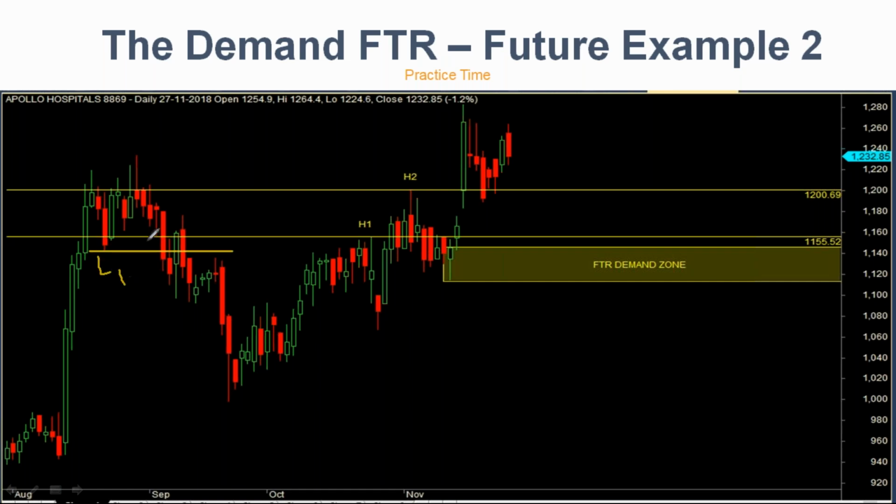This is L1. Price broke down, formed a high. This was the L2. Okay, but it didn't engulf here. So we'll take this one only as the engulf. So this whole thing is the zone actually. This is the zone. So price reacted. However, the reaction was very strong. It went up.